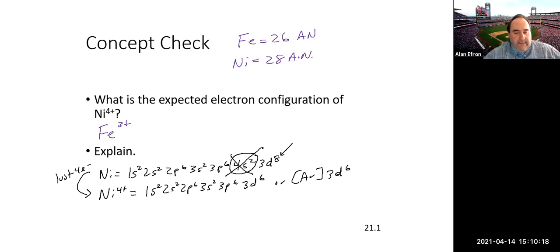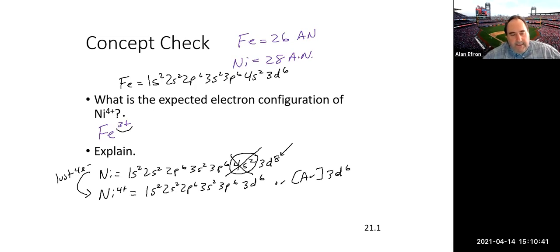So again, a little bit different, not the last thing written in the configuration. If we do the same thing for iron, which is 26, so pretty close there: 1s2, 2s2, 2p6, 3s2, 3p6, 4s2, and 3d should be 6, I believe. 2, 4, 6. Same thing here.